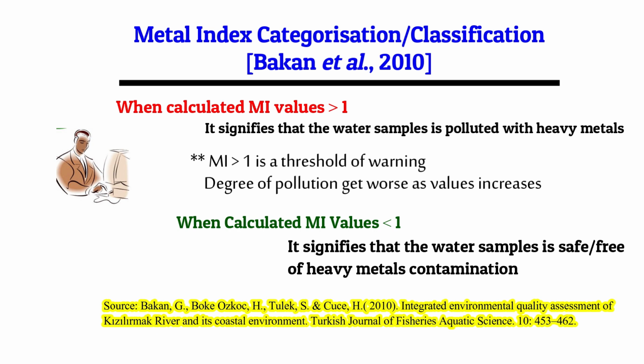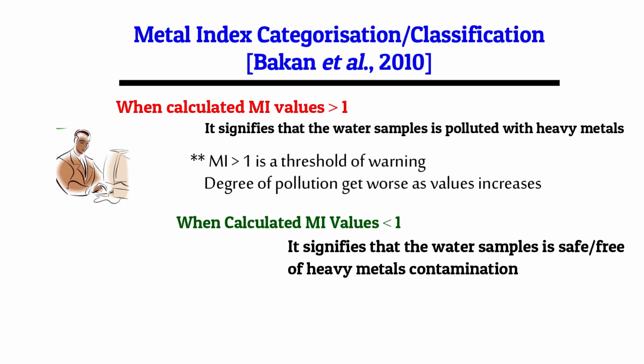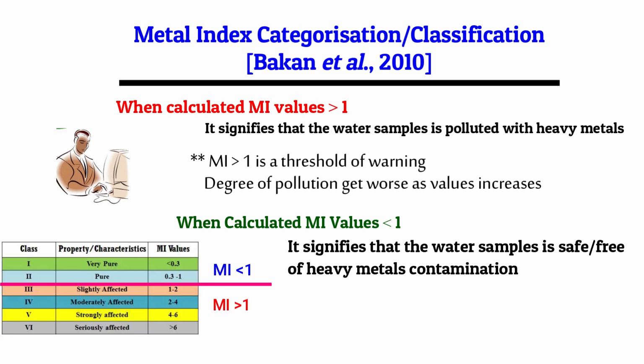He further simplified it by saying that when the calculated MI value is found to be greater than 1, then it signifies that the water samples are polluted with heavy metals, because an MI value greater than 1 is the threshold warning for the increased concentration of heavy metals in the water samples. However, if the MI value is less than 1, then it signifies that the water samples are safe or free of heavy metal contamination.